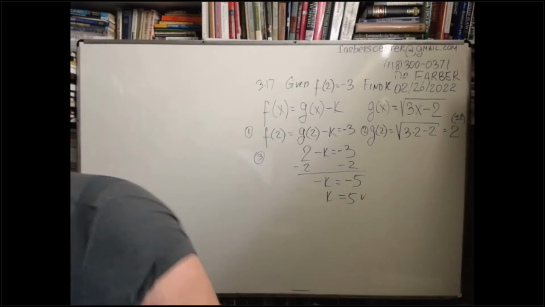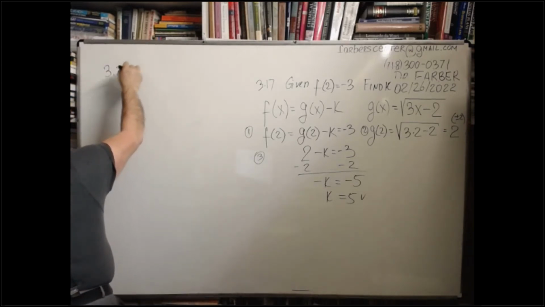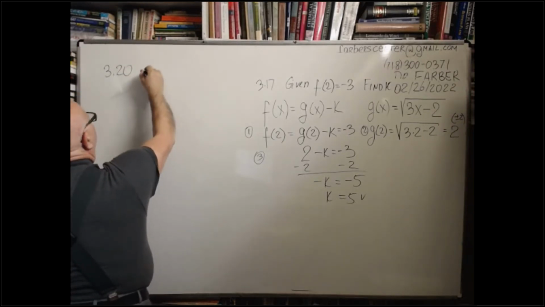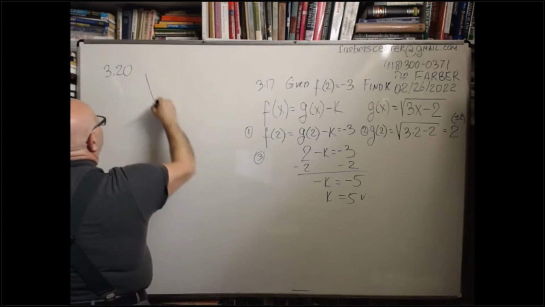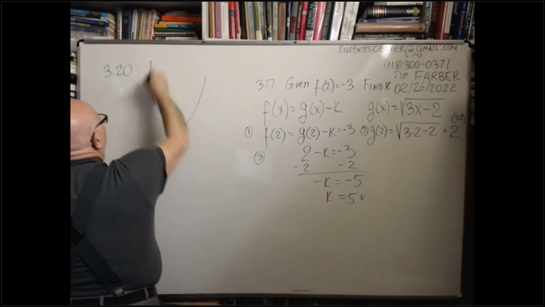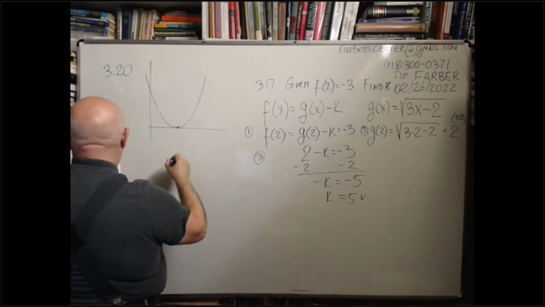Okay, 320. In 320, make a picture. Well, you have a parabola. I try to make it like this. And this parabola, this Cartesian coordinate, is tangent to this point.